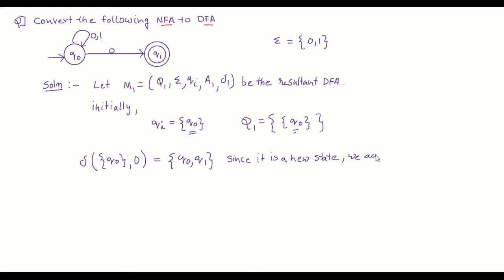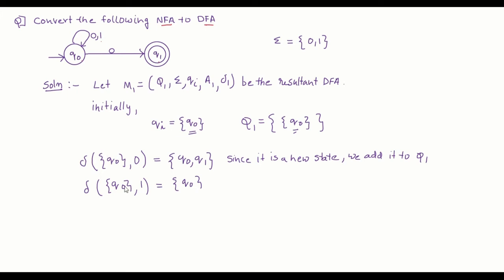Also we find del of the same state Q0 on reading 1. Now Q0 on reading 1 goes to only Q0. Is this a new state? No, Q0 is already present in Q1. So we don't have to add this again to Q1.